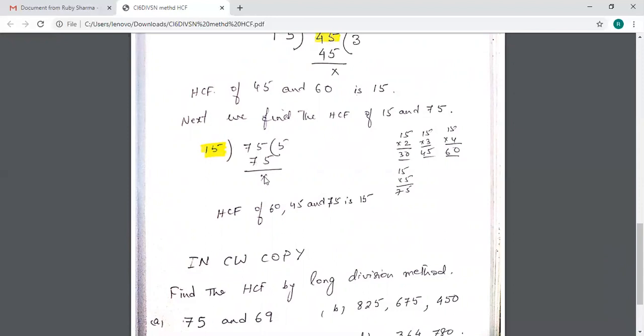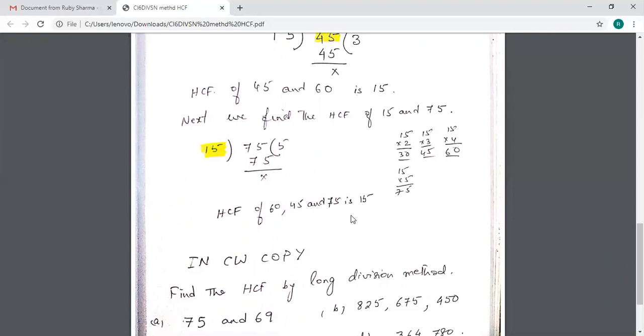And if there is any remainder, in case there's a remainder, again you'll continue. 15 is the first divisor, and you'll continue like that. But since there's no remainder, we stop here. And so, this is the highest common factor of 15 and 75. In fact, after you finish, this will become the highest common factor of all the 3 numbers. HCF of 60, 45 and 75 is 15.